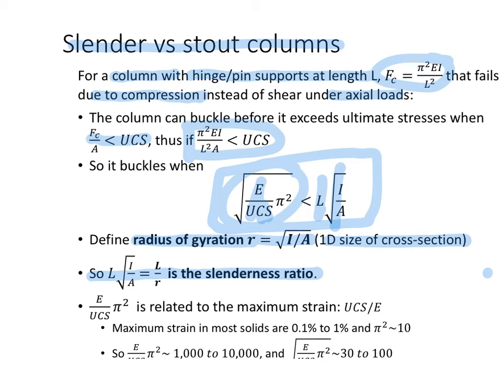So let's revisit that. The maximum strain is the ultimate compressive stress divided by the Young's modulus. We will study material properties more later in this quarter, but for right now, we're just accepting that this maximum strain in most solids is about 0.1% to 1%. And we know that pi squared is around 10. So this inverse here is about 100 to 1,000 times 10, or about 1,000 to 10,000.